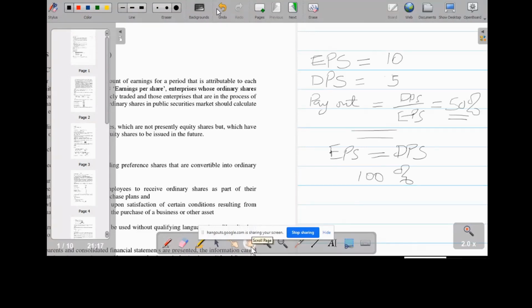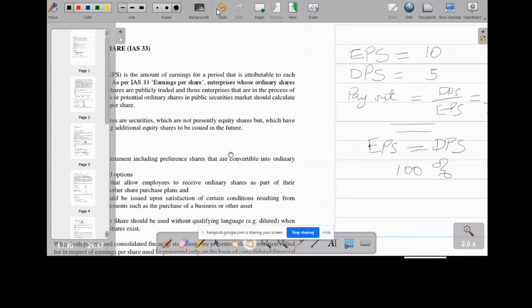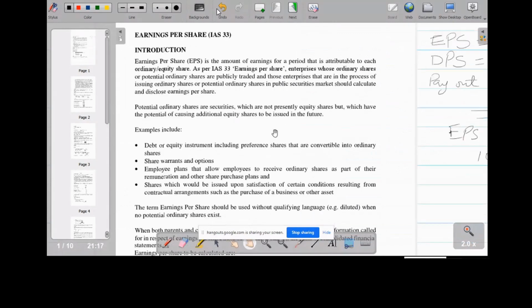So I'm sure now you have a distinction between the EPS and the DPS. EPS is what is supposed to be paid, but DPS is actually what was paid, and there is a difference. And if there is no difference, then the dividend payout ratio will be equal to 100%.